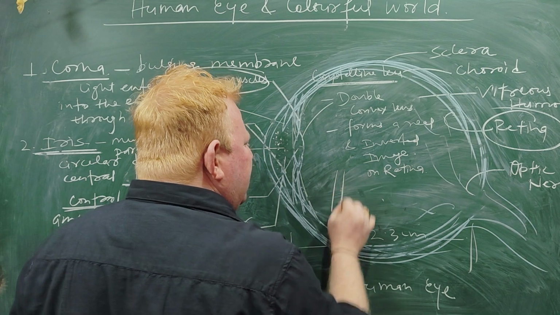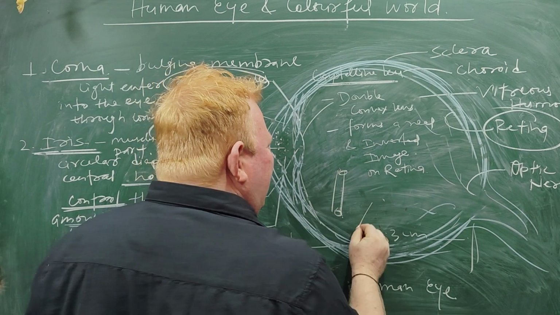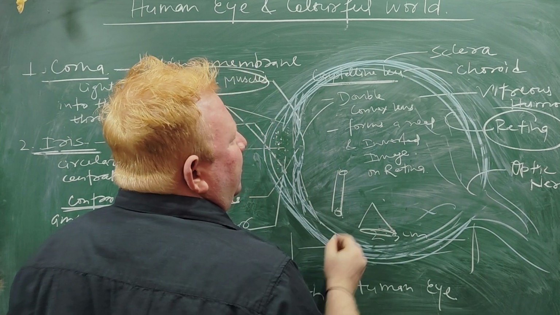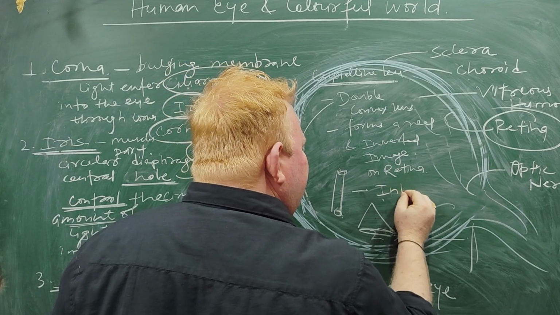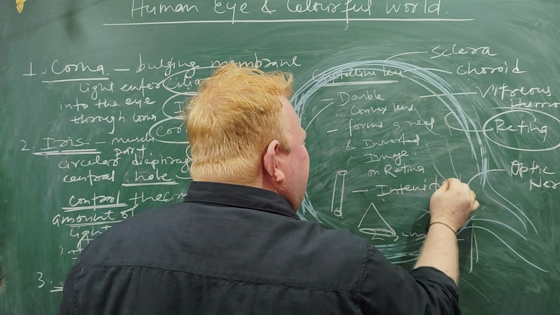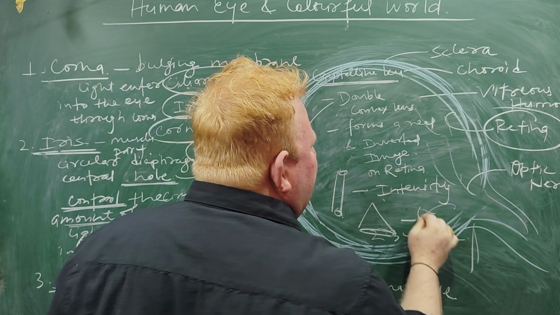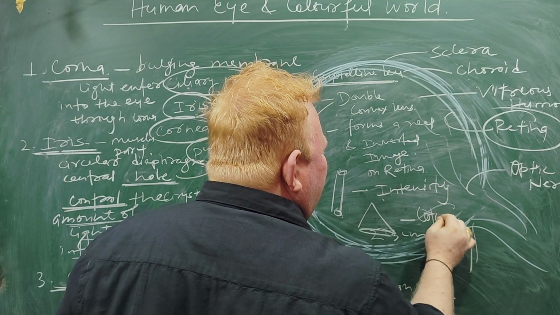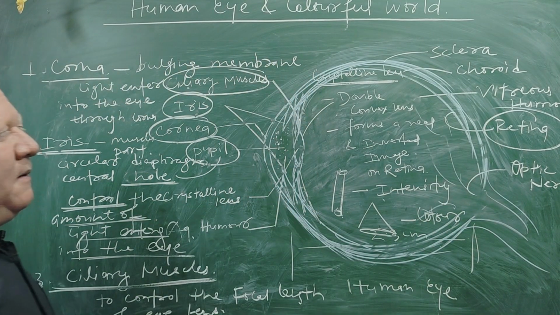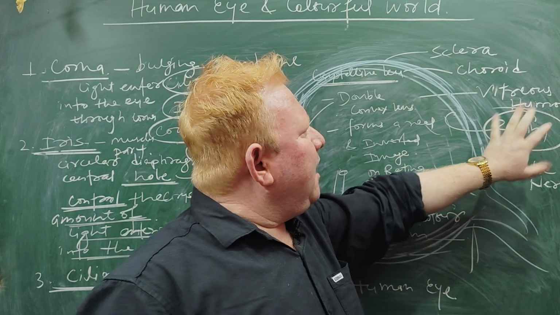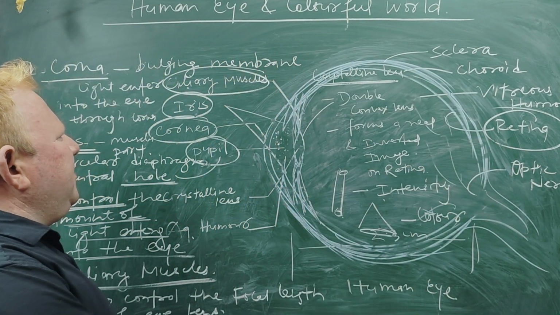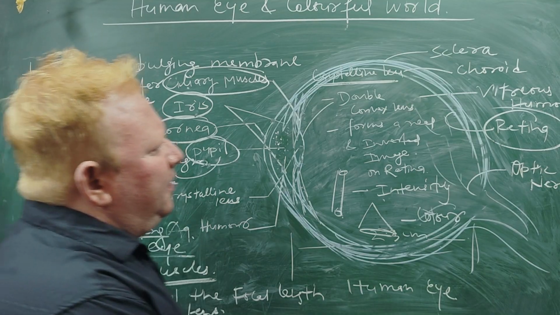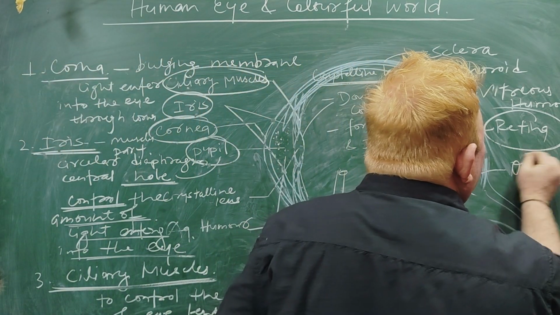This is the rod type and this is the cone type. Okay, now after the retina let us go to the optic nerve.